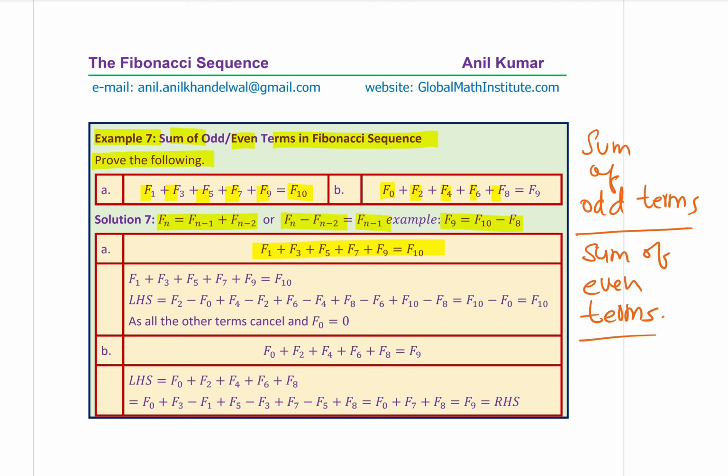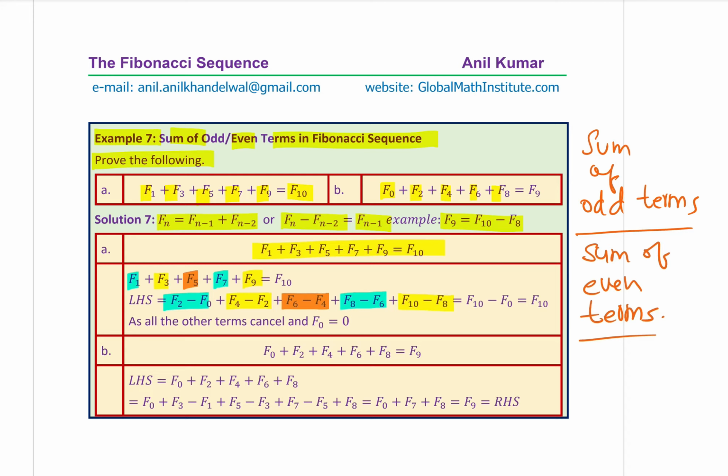So what we are trying to say here is f9 could be written as f10 minus f8. So that's what I did. f9 is written as f10 minus f8, and then we took up f7. f7 will be written as f8 minus f6, and then we took f5. f5 will be f6 minus f4, and likewise you can continue with all the terms, right? So in this particular case, these terms are written as differences of Fibonacci sequence numbers.